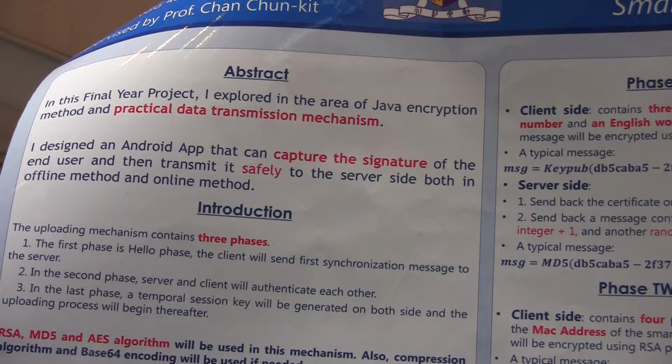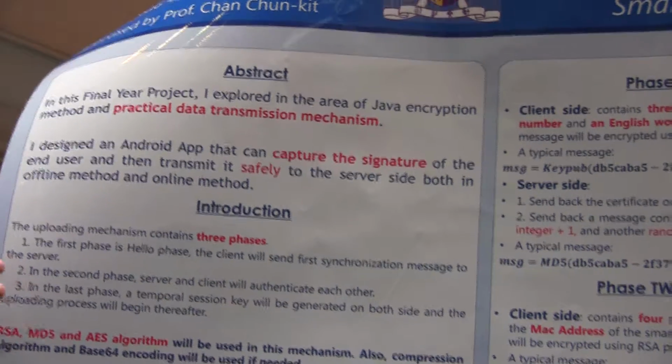This protocol is an SSL-like protocol. There will be a handshake phase and a key generation phase, but there will be some differences between SSL and my protocol, because my protocol operates on the application layer. So let's start the introduction.